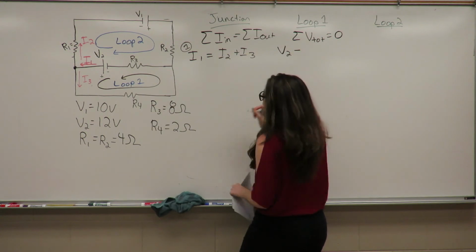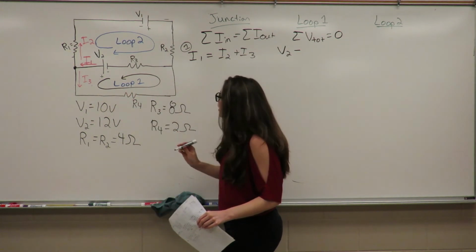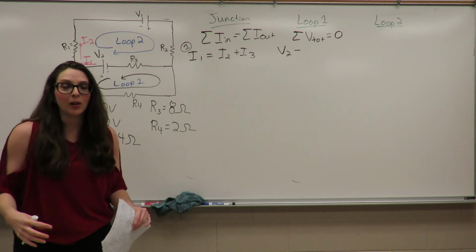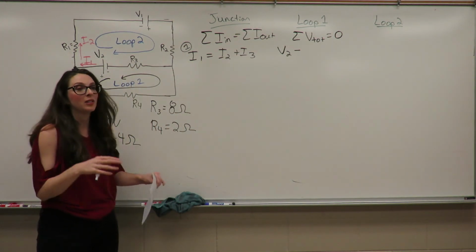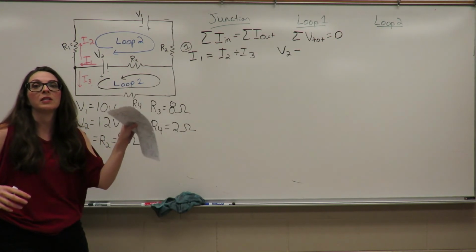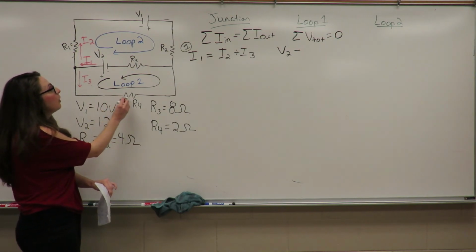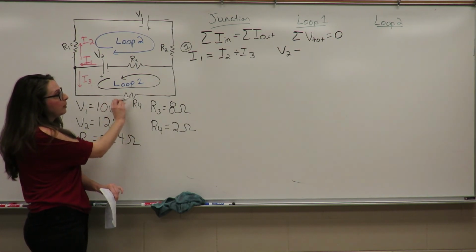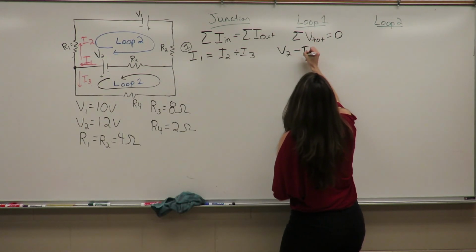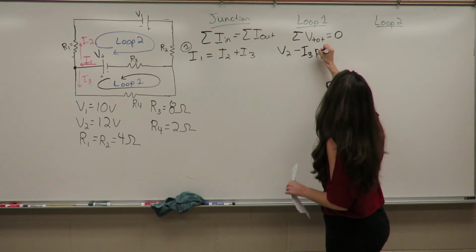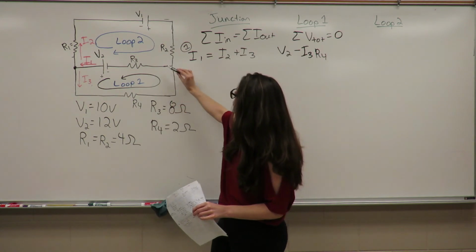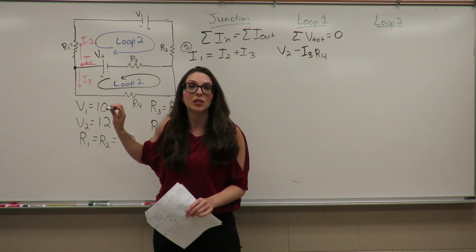And so the potential that we drop across R4 is going to be the current through R4 times the resistance, because if we think about Ohm's law, the potential equals the current times the resistance. V is equal to IR. So we can represent that potential difference drop across R4 as minus I3 R4. And then as I continue around my loop, I'm going to go up this direction, and I'm going through here resistor 3.